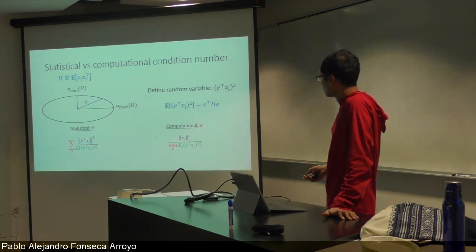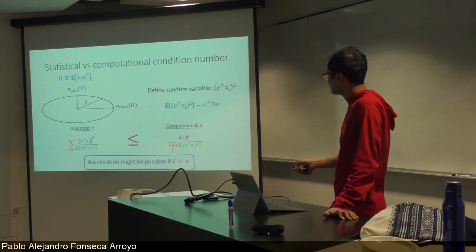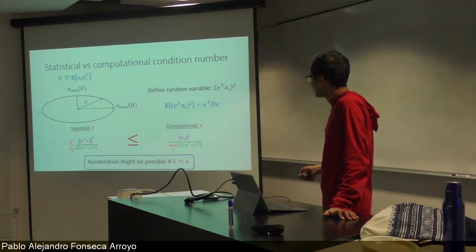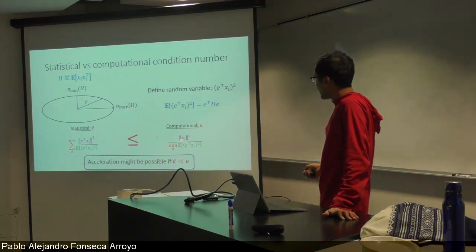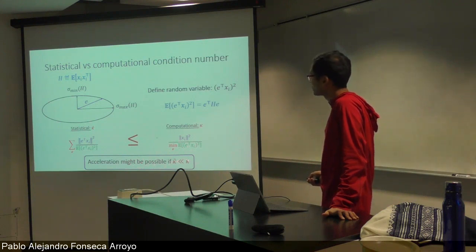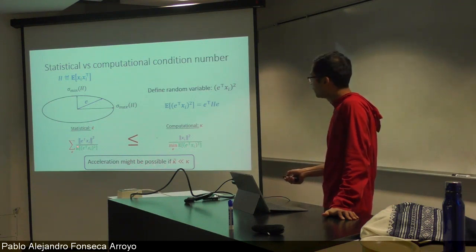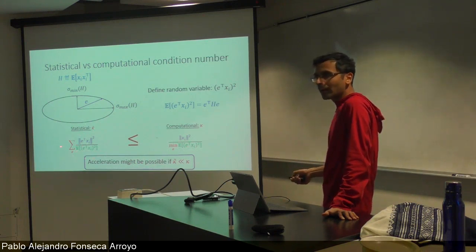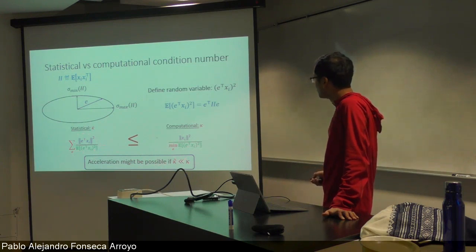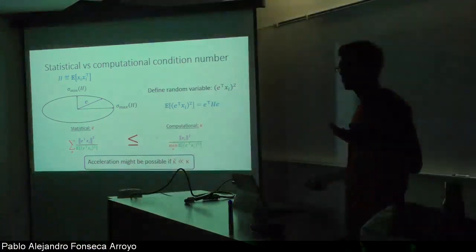So it follows that the statistical condition number is always less than or equal to the computational condition number, and acceleration might be possible if this kappa twiddle is much smaller than kappa. Because kappa twiddle is kind of information theoretically necessary for us, and if the information theoretic lower bound is much smaller than the condition number, then we can hope for acceleration to happen.